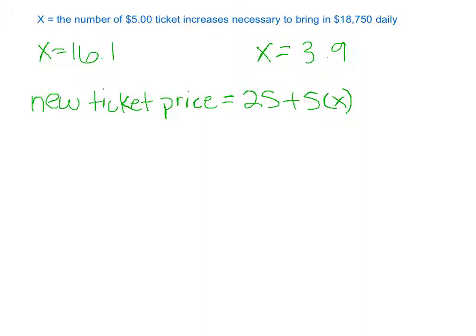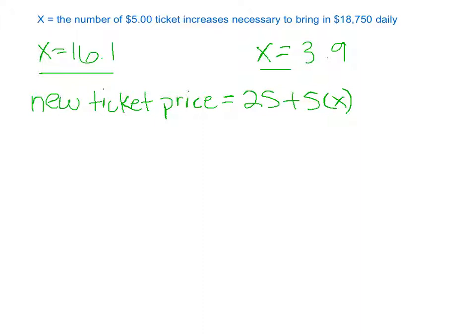Now, we need to remember that our x value is equal to the number of $5 ticket increases necessary to bring in $18,750 daily. So our first x value of 16.1 means that there's a possibility of 16.1 $5 ticket increases necessary to bring in $18,750 daily.